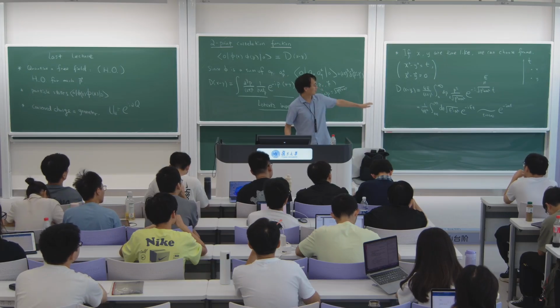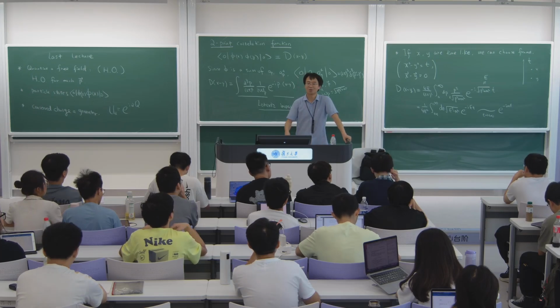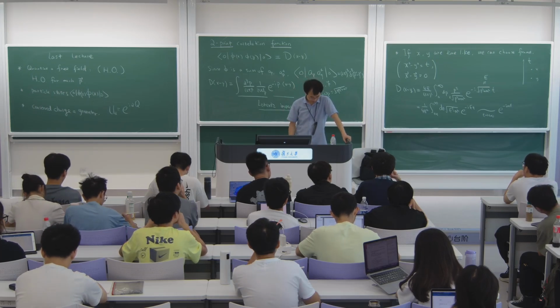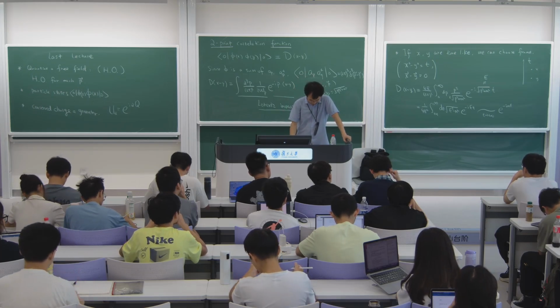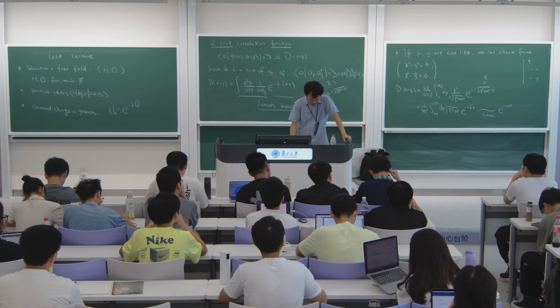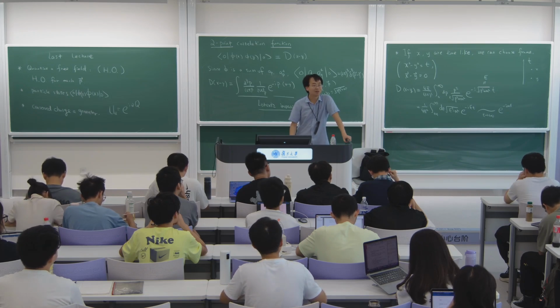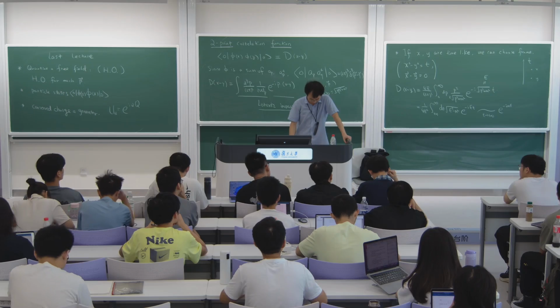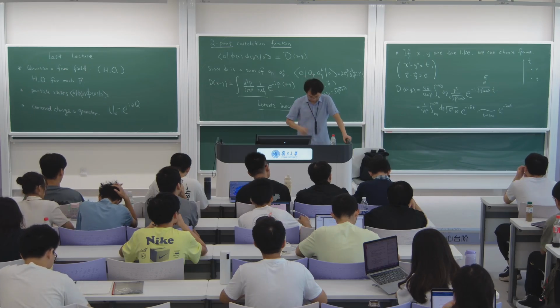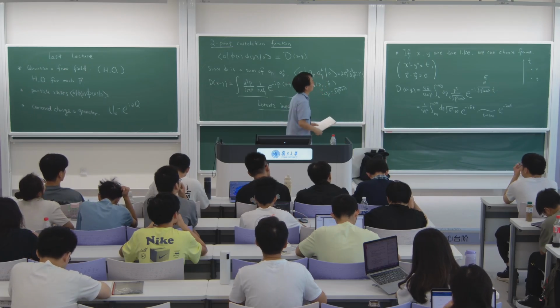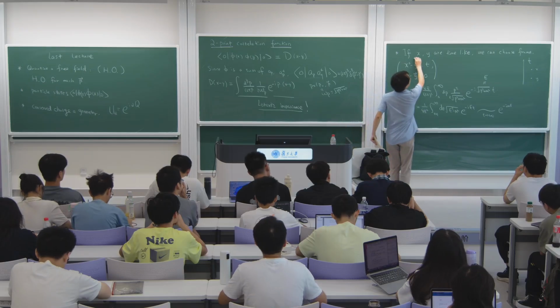If you like, you can use Mathematica to plot it, and you can get more complicated behavior for finite t, both the real part and the imaginary part of this two-point function. But this is only the case for time-like separation.